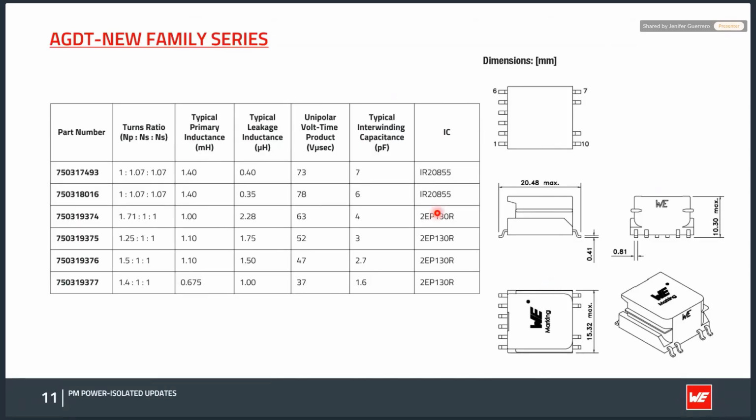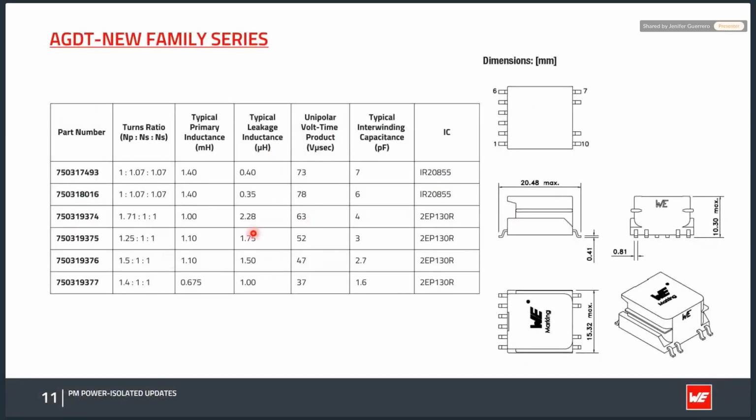In this table, you can see all the different parameters and how they are tailored for specific ICs from our partner Infineon, the EiceDRIVER new ICs, and the older family, the IR2085. We have optimized these parts for different turns ratios, ranging from 1:1.07 all the way to 1:1.4. Even if you need a different turns ratio, we are able to support it because we also do customized solutions.